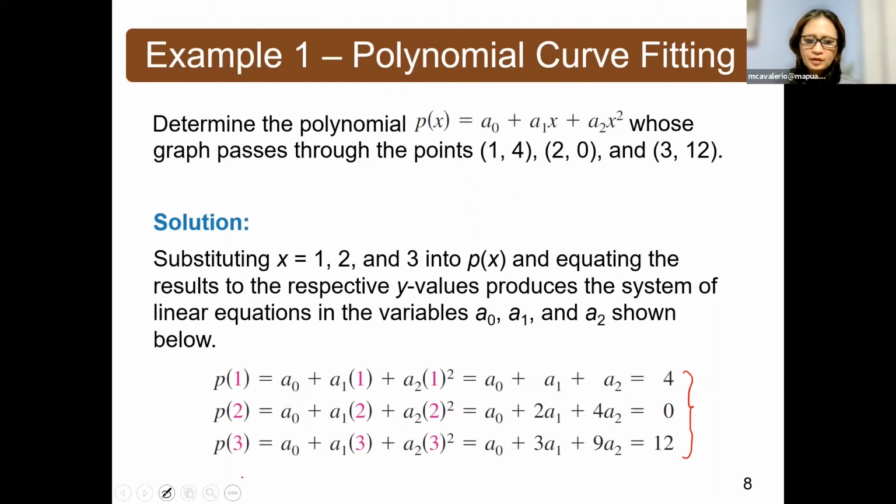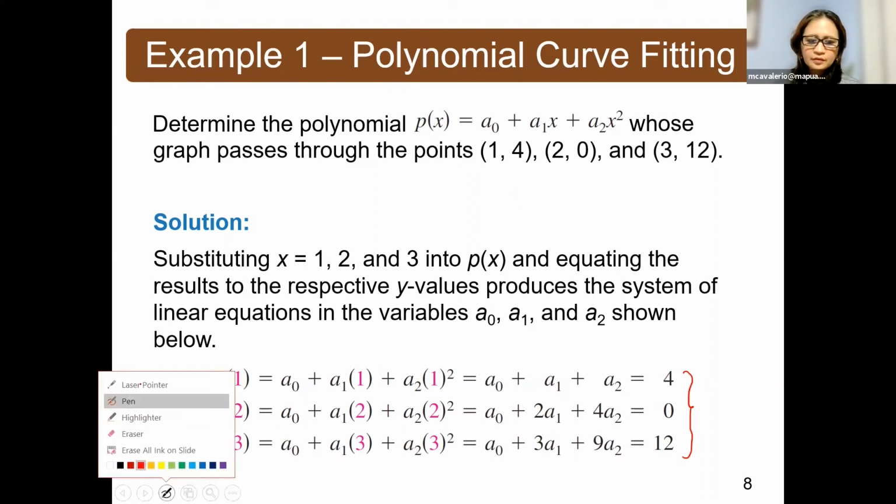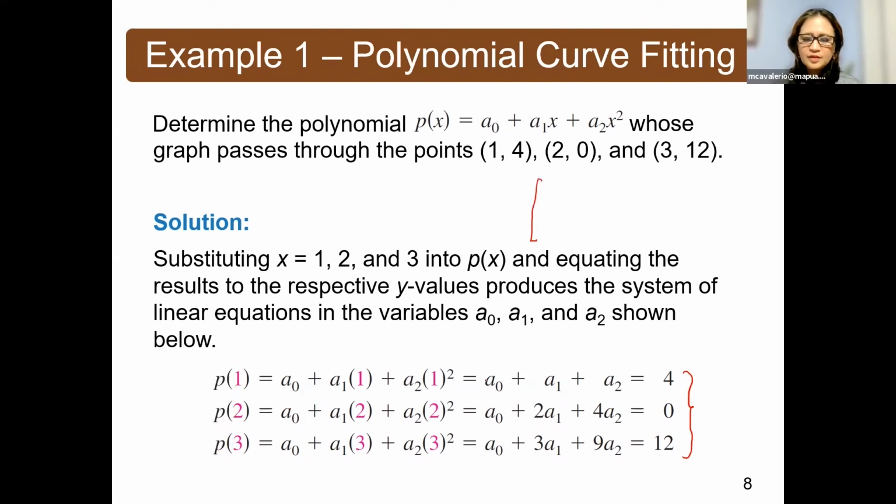Can I write it here? Since we already set up the system of equations, the augmented matrix is given by 1, 1, 1, and then 1, 2, 4, and then 1, 3, 9, and the constant terms being 4, 0, and 12.